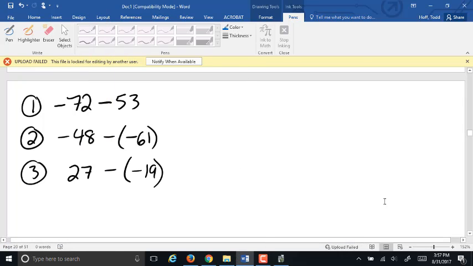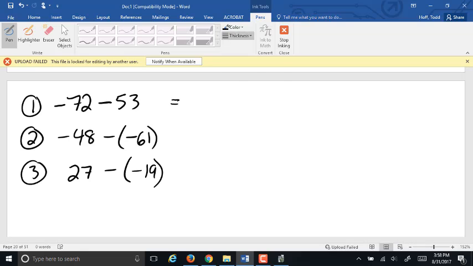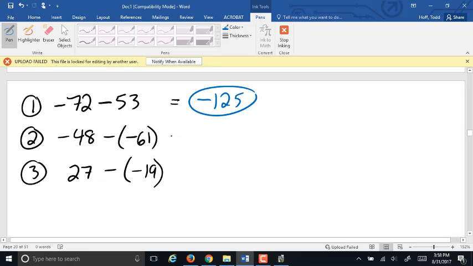We have here, what is the result for negative 72 minus 53? Negative 125. Wonderful. Negative 48 minus a negative 61. 13.